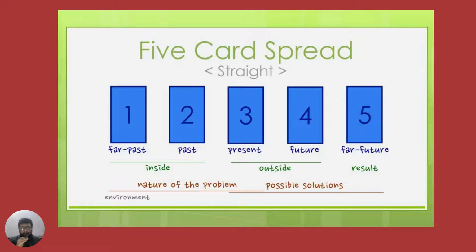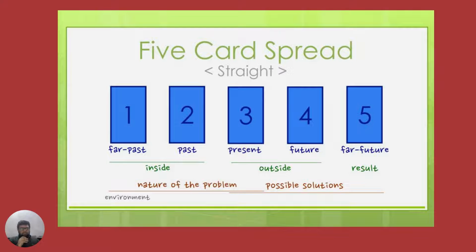The first card here represents the past, so you have to know what any card represents about the past, the present, and the future. And this five card spread is also used for yes and no tarot.